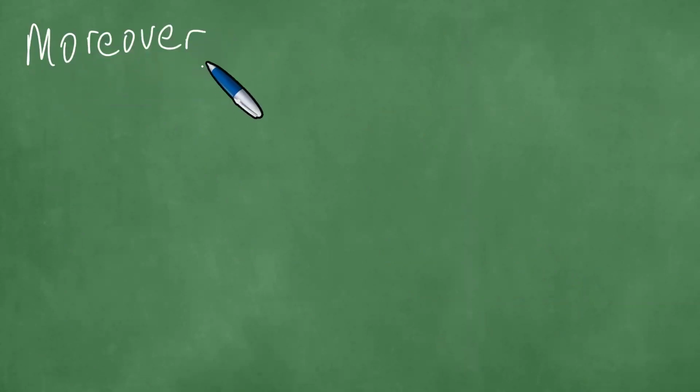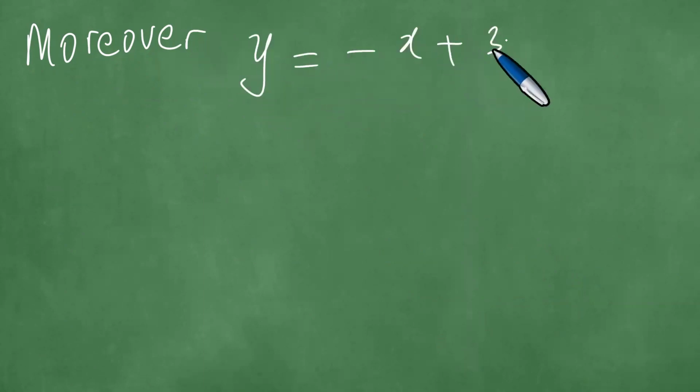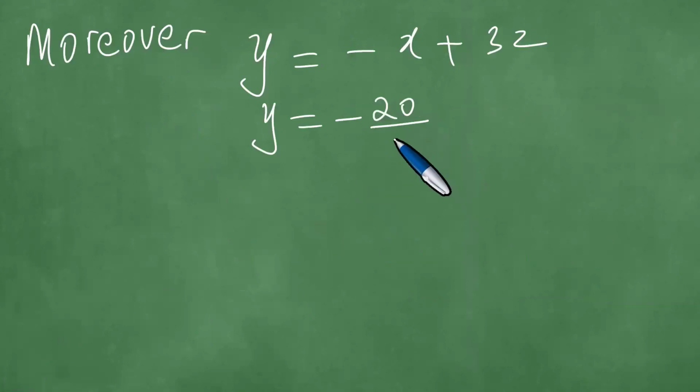Moreover, we have the following. We note that y is equal to minus x plus 32, which means that it is minus 20 over 3 plus 32.